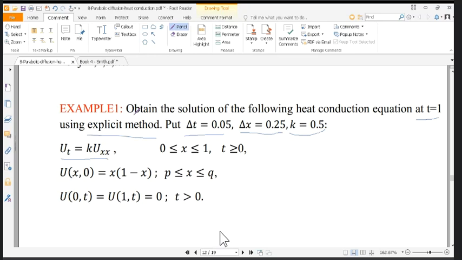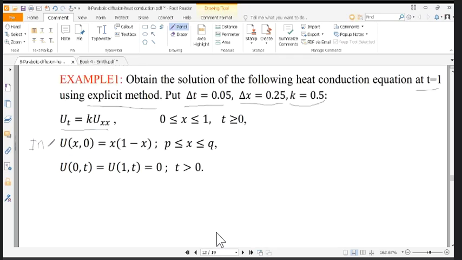The boundary conditions and initial condition are here. The initial condition is u of x and 0, for all x at t0, which is 0, computed from x times 1 minus x. This is the initial condition.